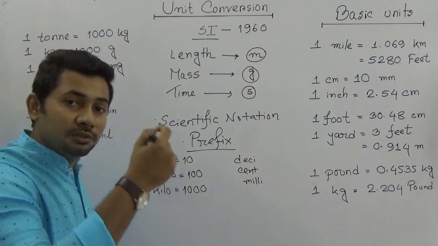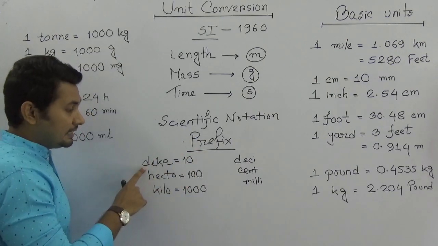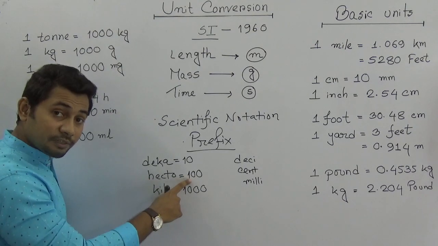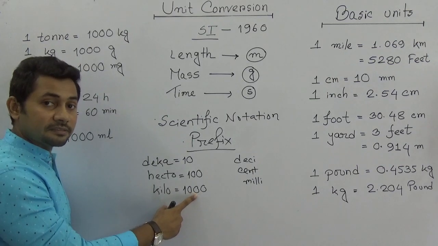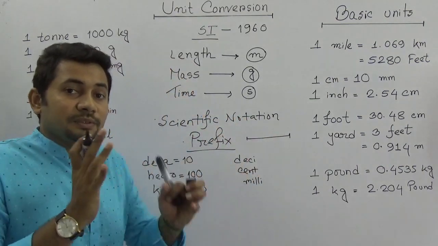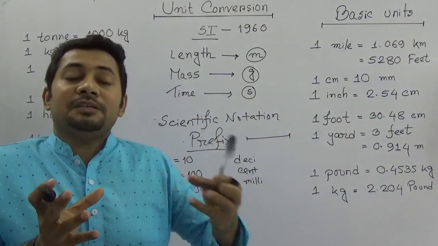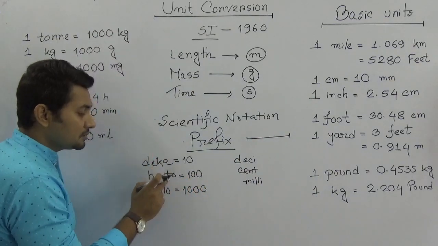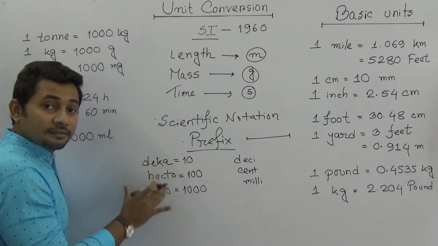So whenever we use this word before a unit, it means decameter is 10 meter, hectometer is 100 meter and kilometer is 1000 meter. Meter is the unit of length, expressing distances, and the unit actually expresses the quantity, which is why we use this word before the unit. These are the prefixes.